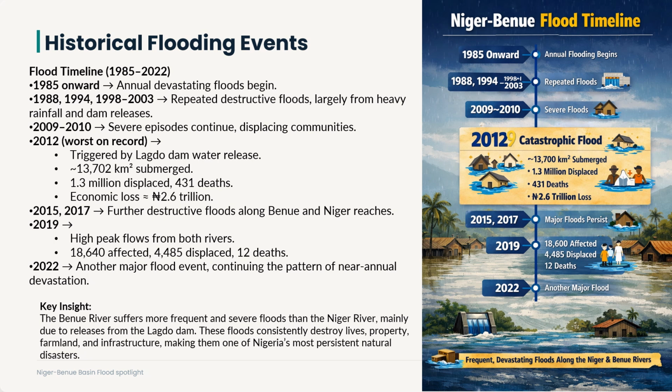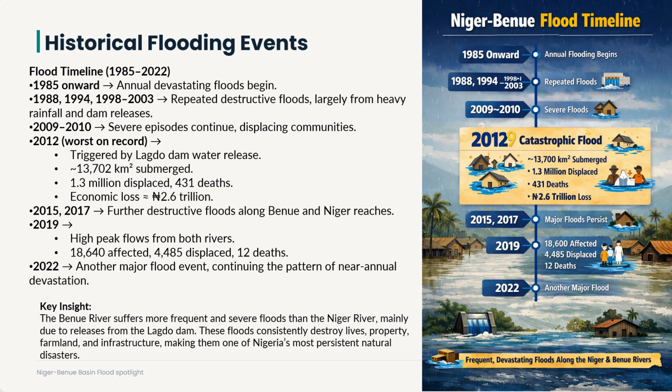Historical flooding events. The Niger-Benue Basin has endured frequent destructive floods since 1985, where this research started facing the series of floods that has occurred historically. The Benue River is especially vulnerable due to excess discharges from the Lagdo Dam in Cameroon.